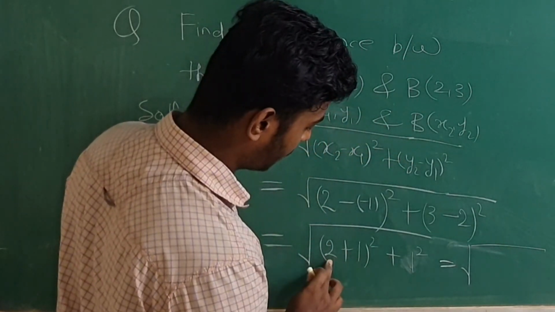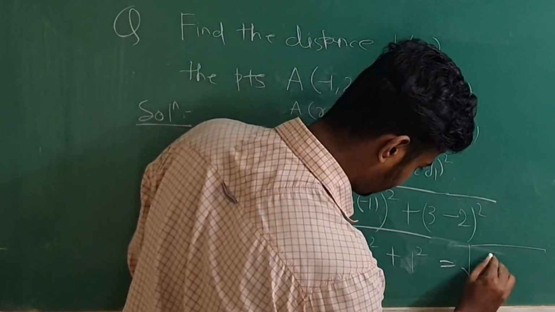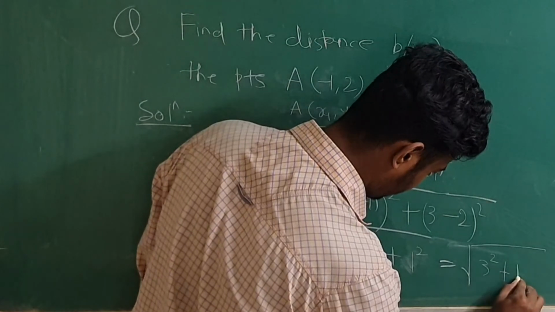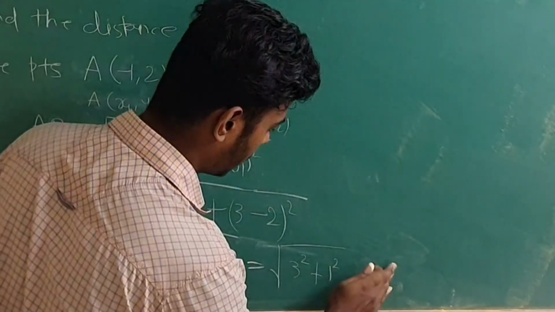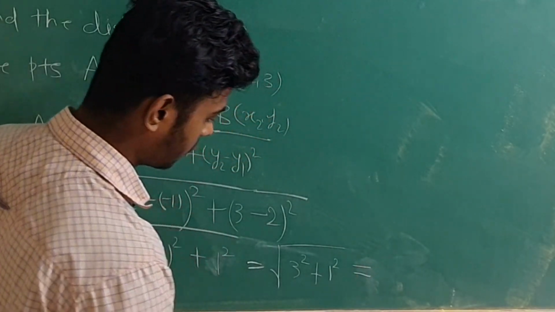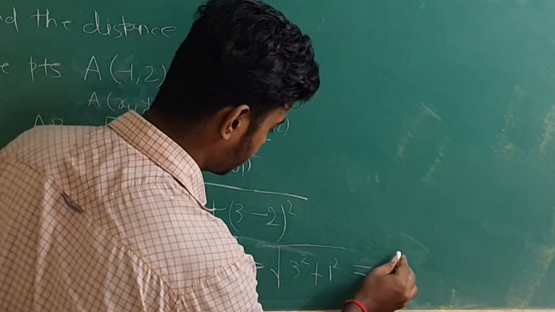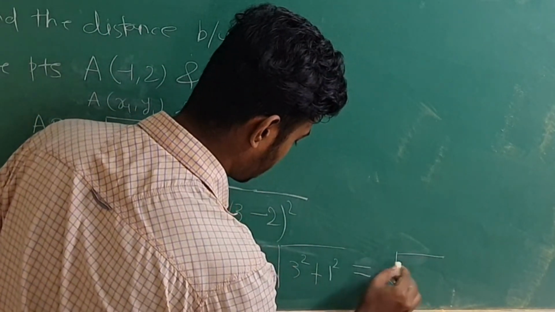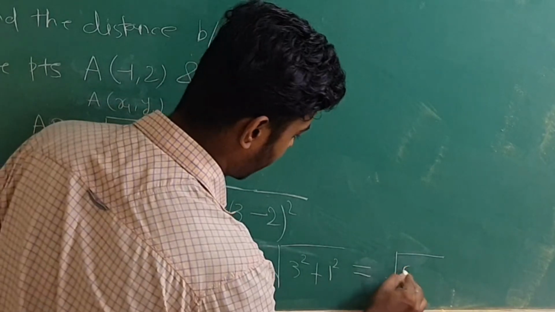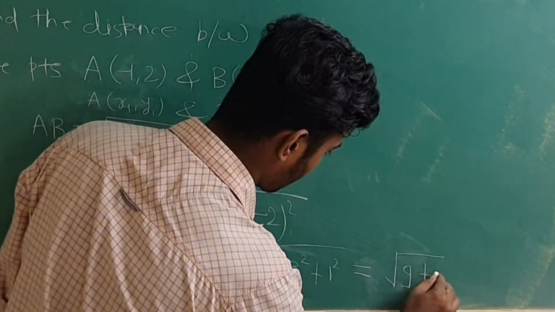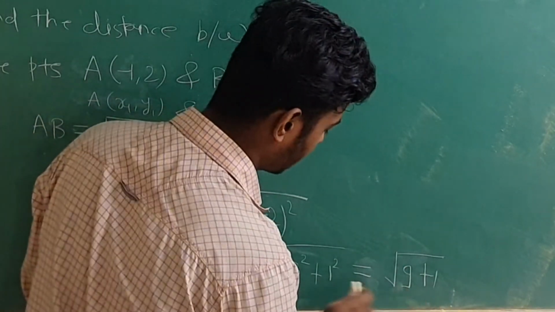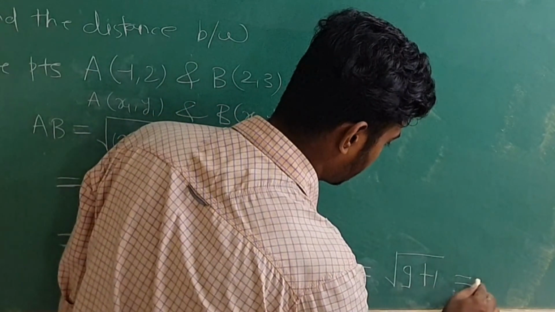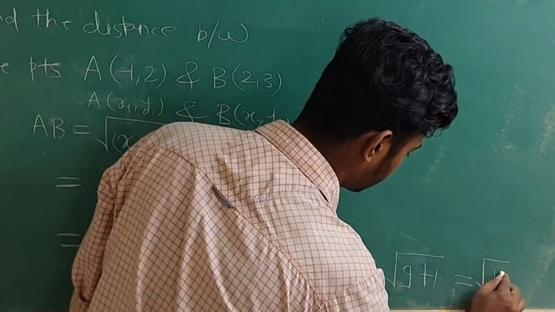Now 2 plus 1 is 3, so 3 square plus 1 square. 3 square is 9, plus 1. 1 square is 1. So the answer is root 10.